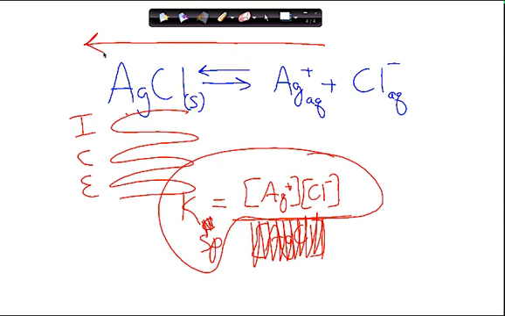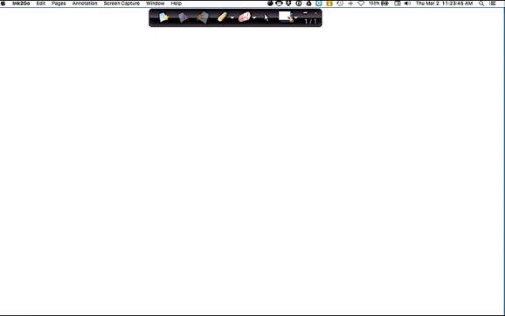Never say never, but I am unaware of any slightly soluble salt that doesn't dissolve just a little. You know what I'm saying? So what you're going to find is that the values for these KSPs are on the order of like 10 to the negative 9th, negative 10th, negative 11th. So you guys good with the ideas? You ready to do some math? So guys, it goes like this.